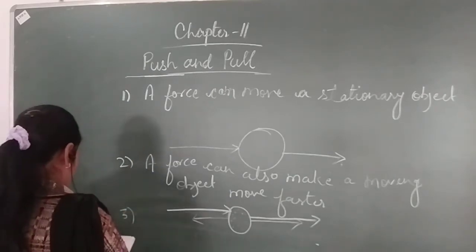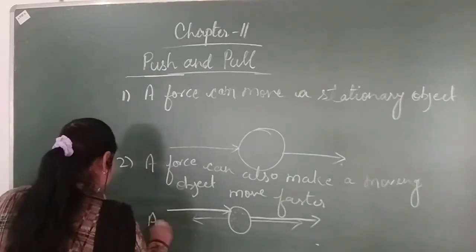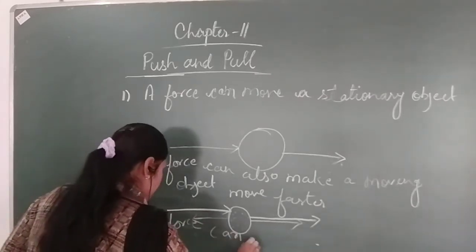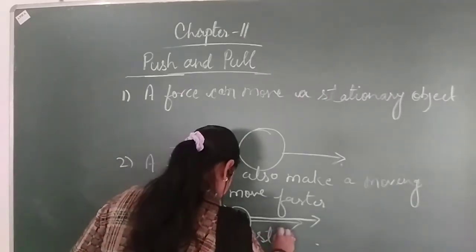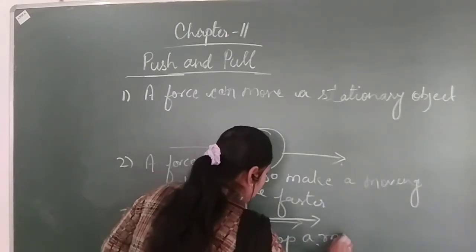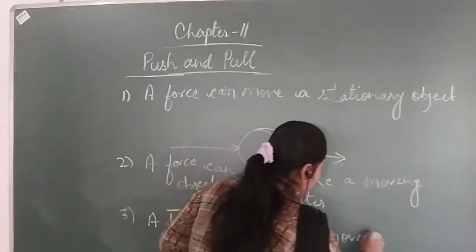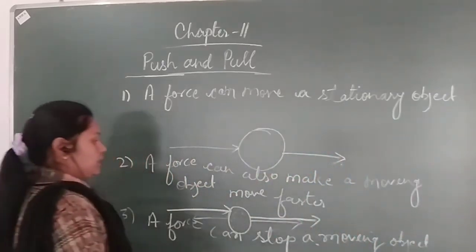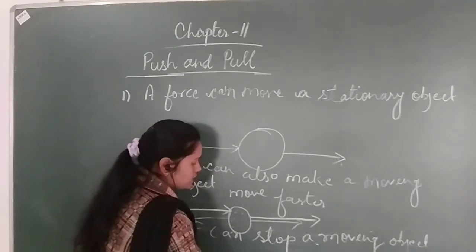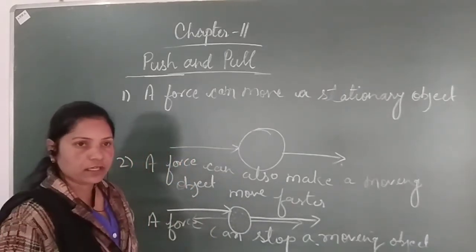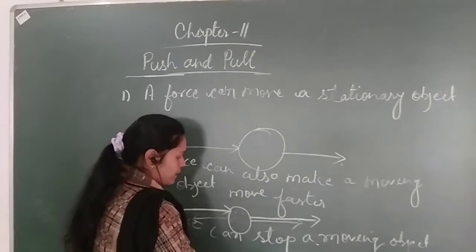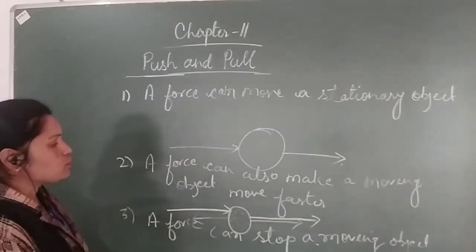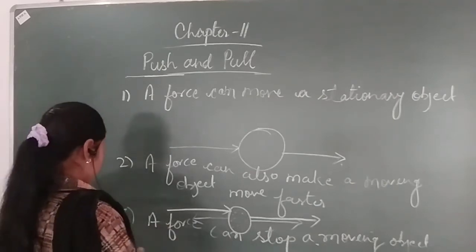Now the third effect is, a force can stop a moving object. If an object is moving, like a ball is moving, we can stop it by applying a force. So the third effect is a force can stop a moving object.